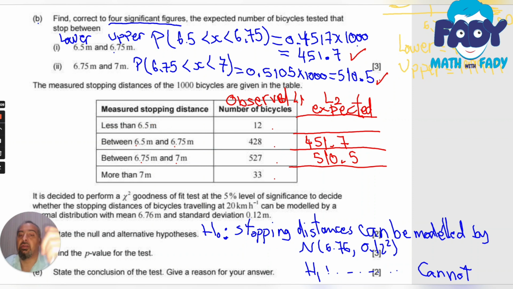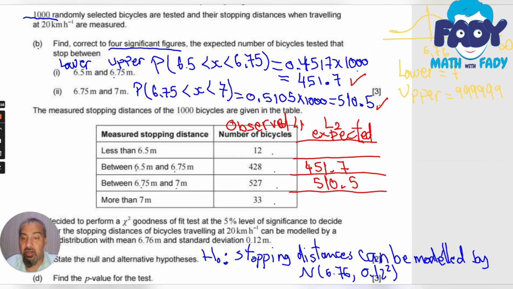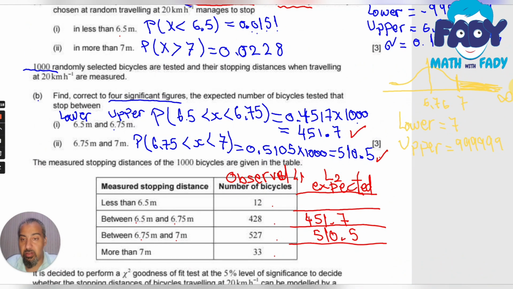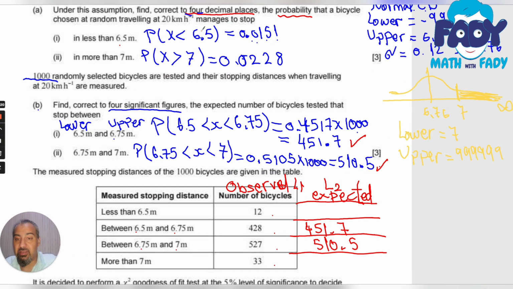Now we will do the same for less than 6.5. We will find the probability, then multiply it by 1000. And here you must notice that the probability less than 6.5, we already calculated it. So this number multiplied by 1000, we will get 15.1.